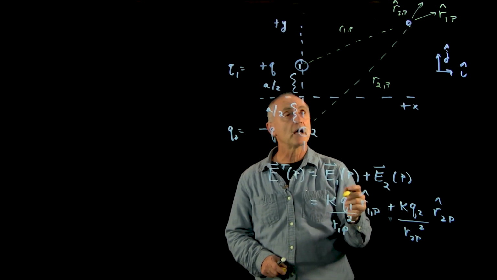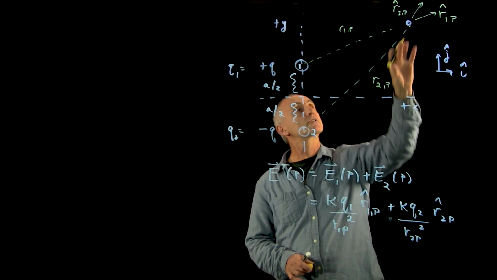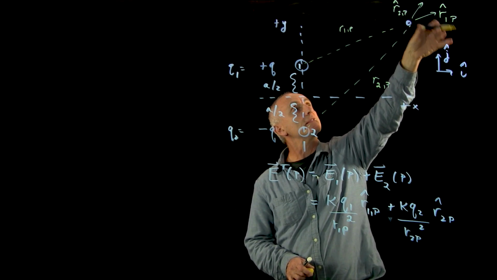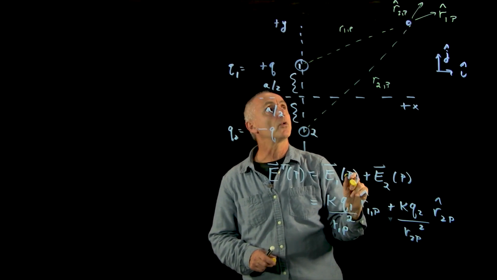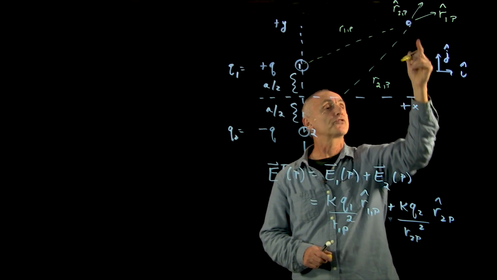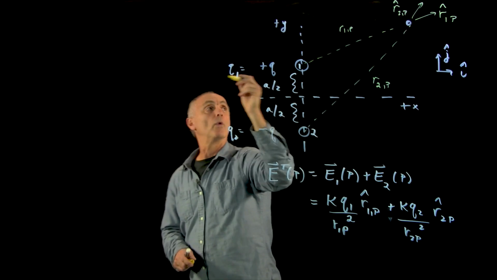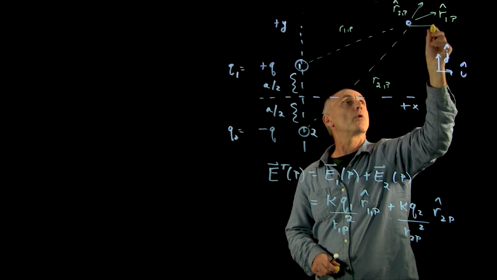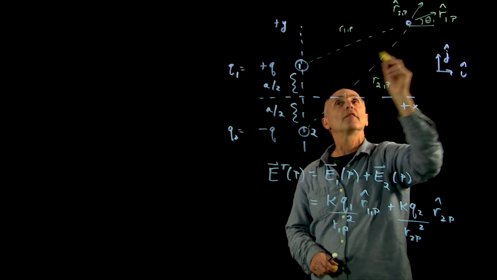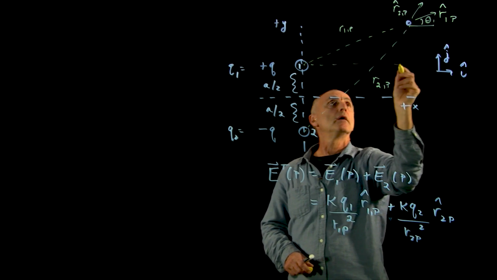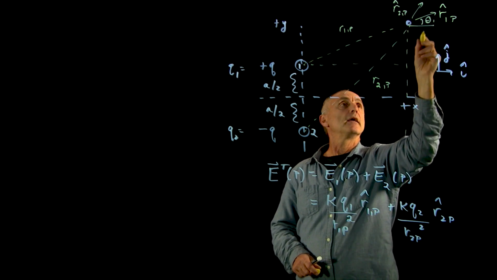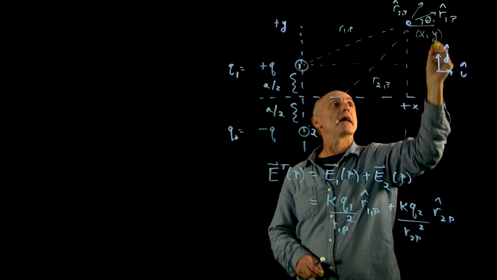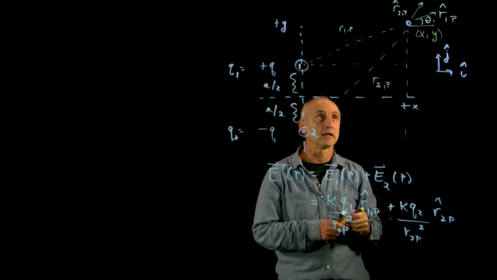Now, what we'd like to do is express this vector decomposition. It can be a little bit tricky with our coordinate system, but we'll start with R hat 1P. So I'm going to call this the angle theta 1. And we'll make this point out here the field point, x and y.